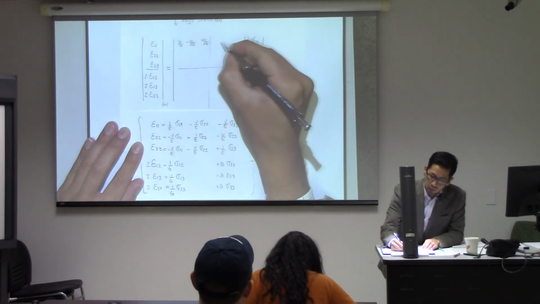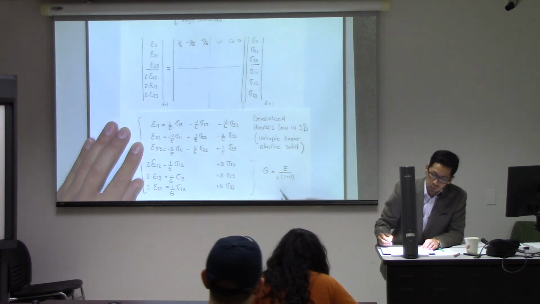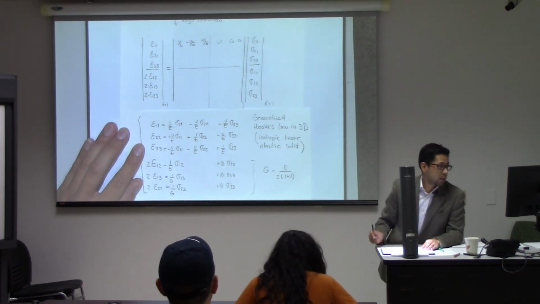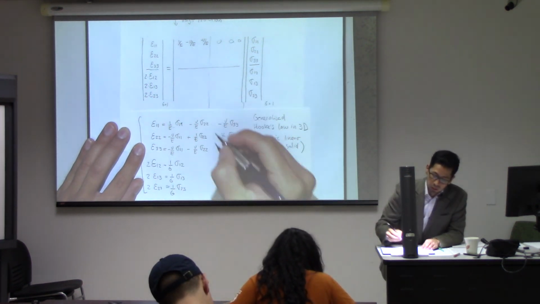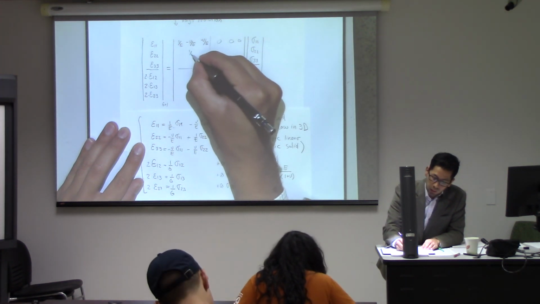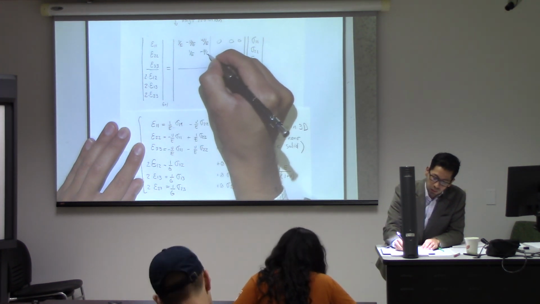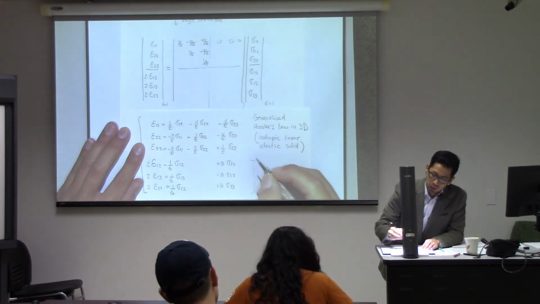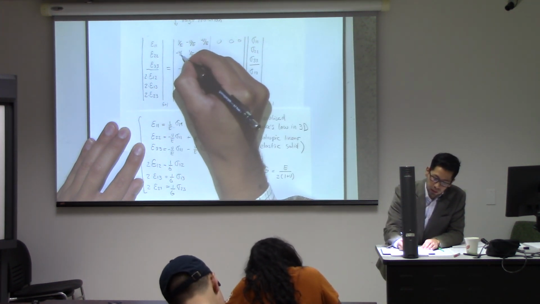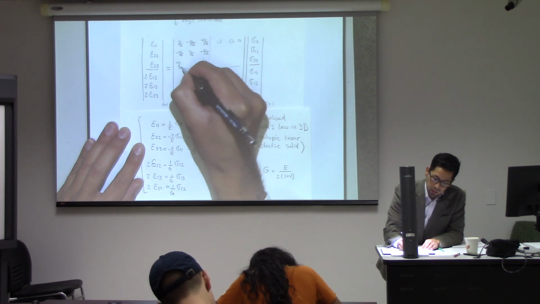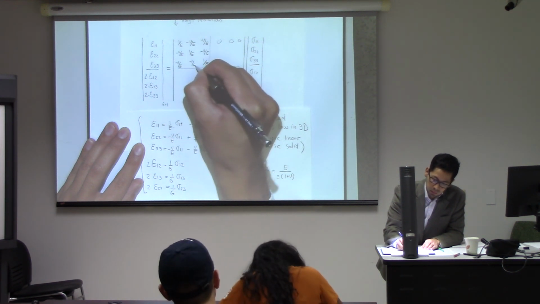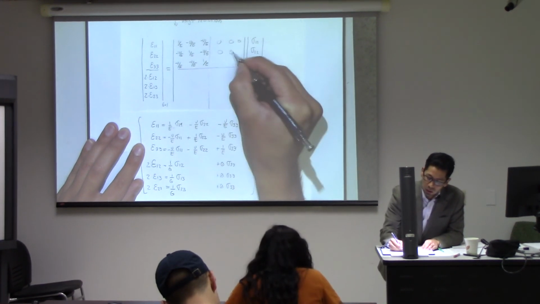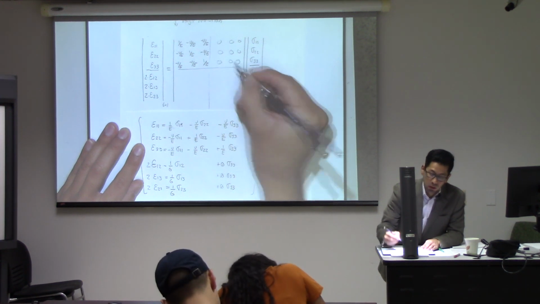So this is going to be all zeros, and it's going to be exactly the same for the 2 other equations, where this is 1 over E, minus Poisson ratio divided by E, and this is 1 over E. And well, for the sake of completeness, let me write everything here. And this is going to be 0, 0, 0, 0, 0, 0.